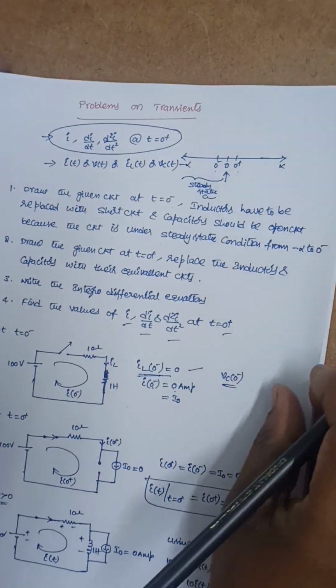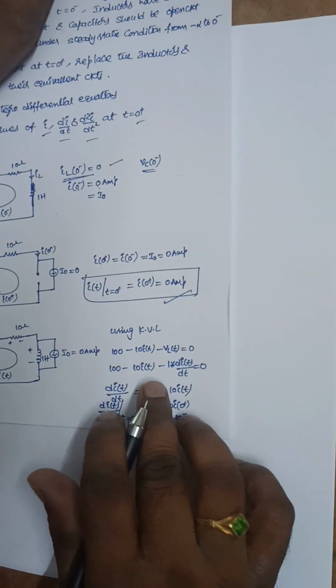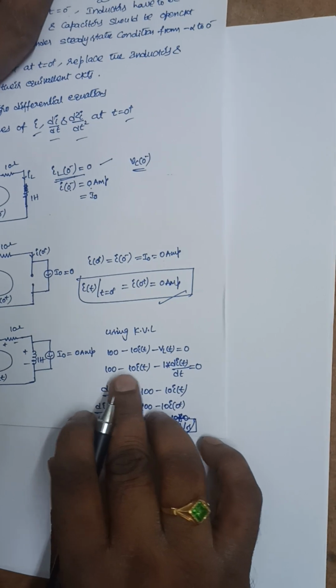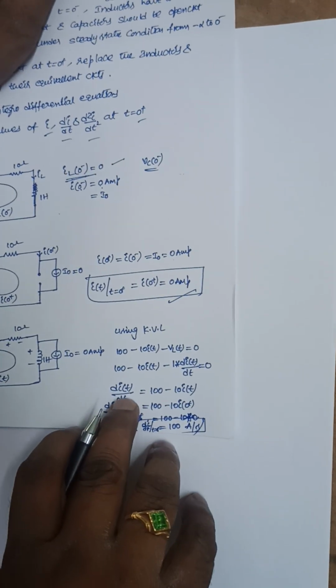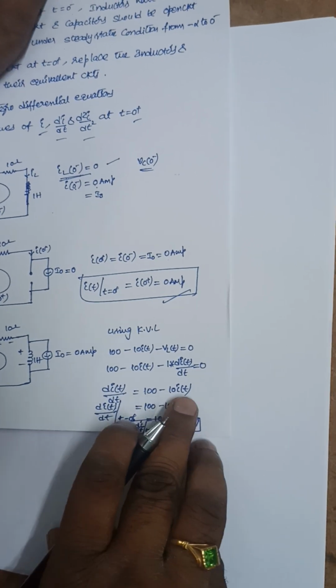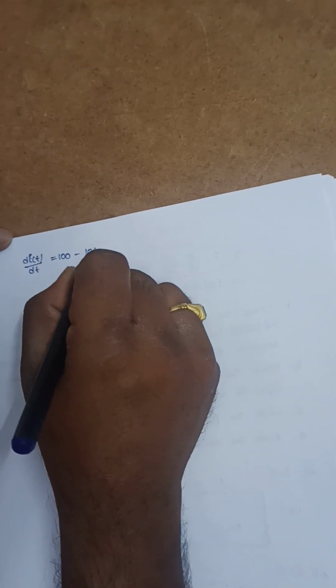Next, to calculate the third bit, I am using the same equation: 100 minus 10 into I of t minus di by dt is equal to 0, or di by dt is equal to 100 minus 10 into I of t.